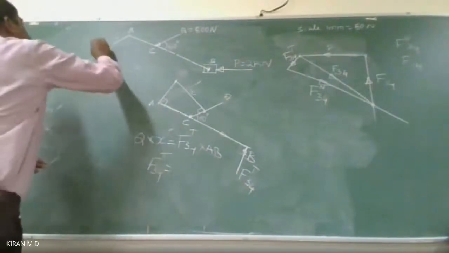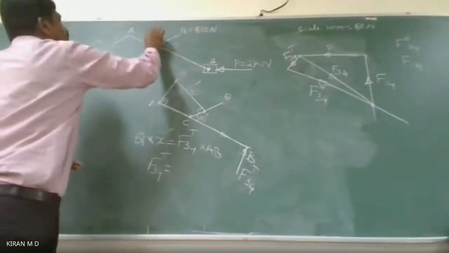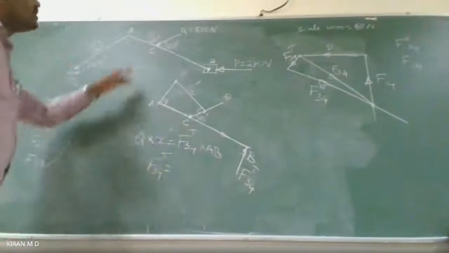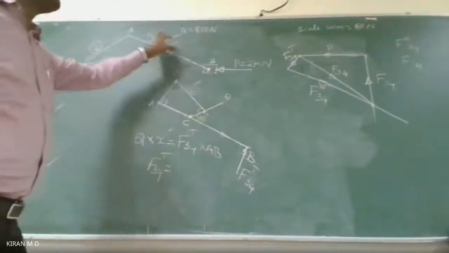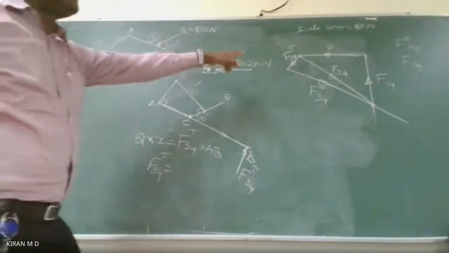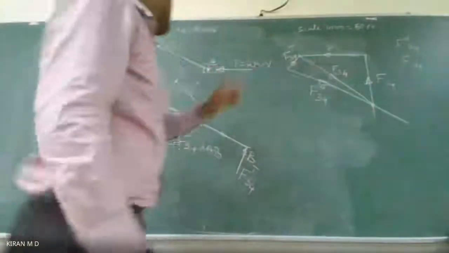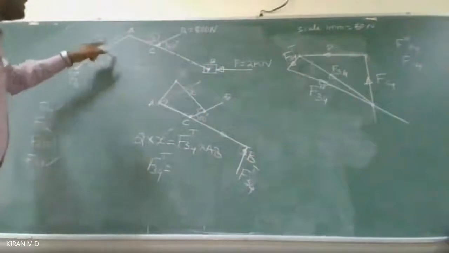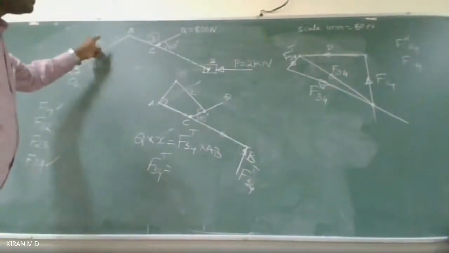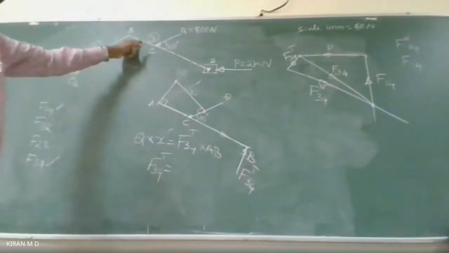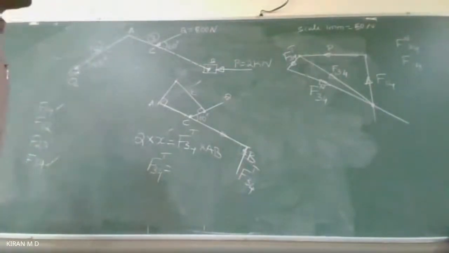This is link 2 and this is link 3. Link 3's force on link 4, that is F34, we found. Finally the resultant force we found. So now we need to find F32, or F23. Both are the same.